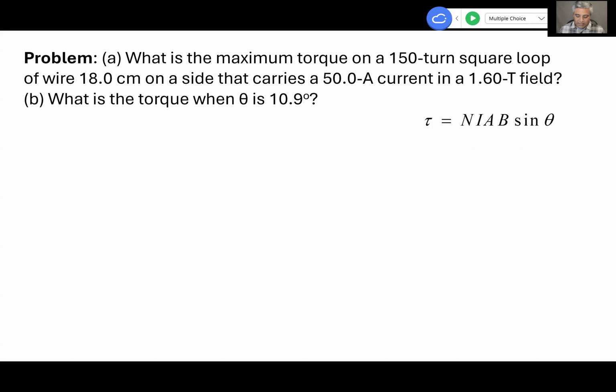So for example, we have something like this. In this case, it says theta is 10.9. So theta is given, so everything is given in this case. So what is the maximum torque? Torque is maximum when theta is 90 degrees, because we have the equation with sine theta, and the maximum value of sine is 1.